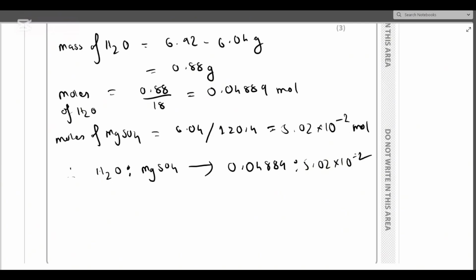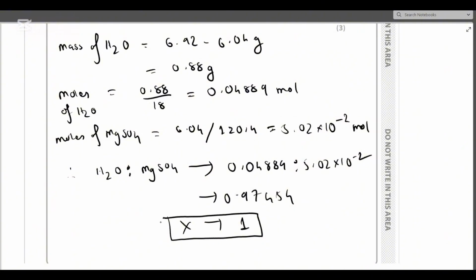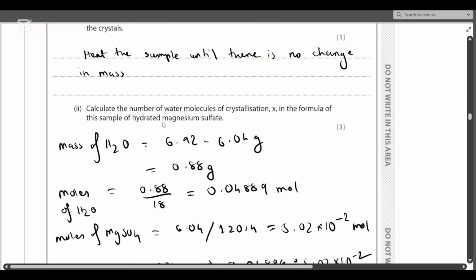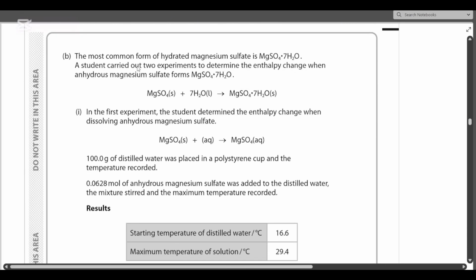So eventually you get about 0.97454. That is the ratio. So you can approximately write this as 1. So here the value of X is 1. That's the number of moles of water represented in the sample of hydrated magnesium sulfate. Again, if you move on, the most common form of hydrated magnesium sulfate is this.